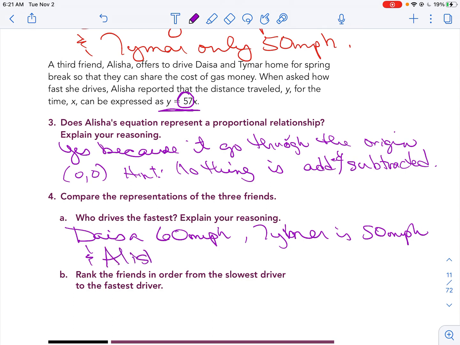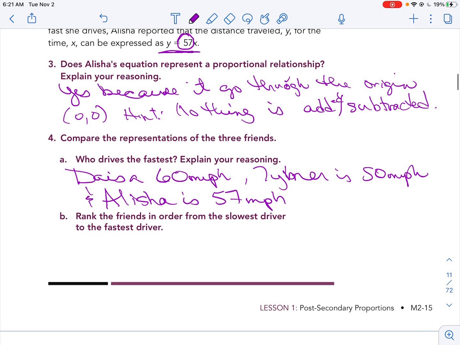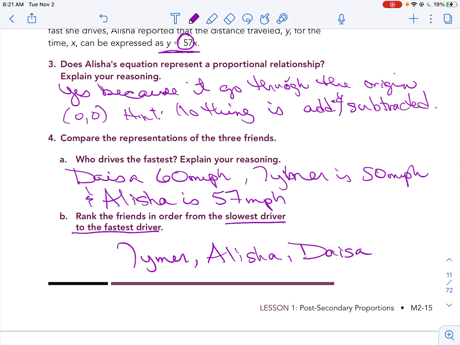And Alicia is 57 miles per hour. Rank from slowest driver to fastest. So, Timar is the slowest, Alicia at 57, and Daisy at 60.